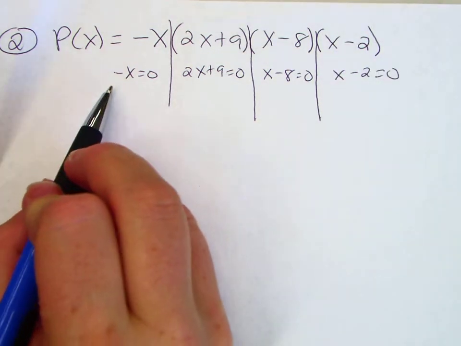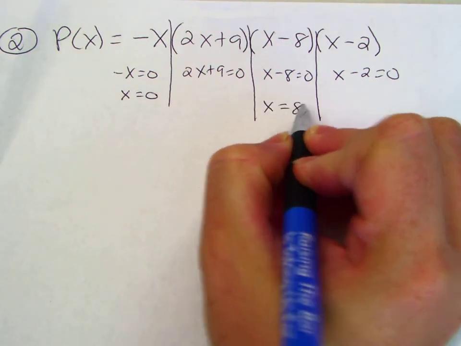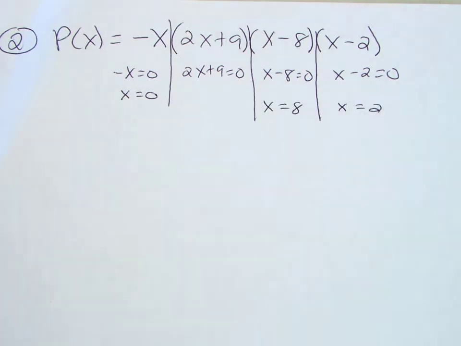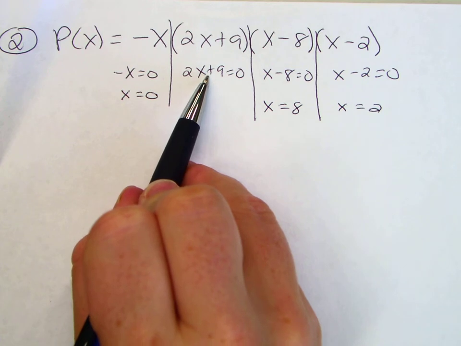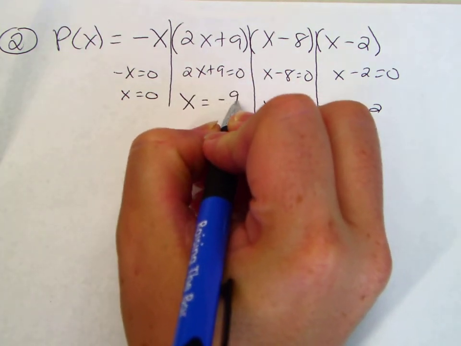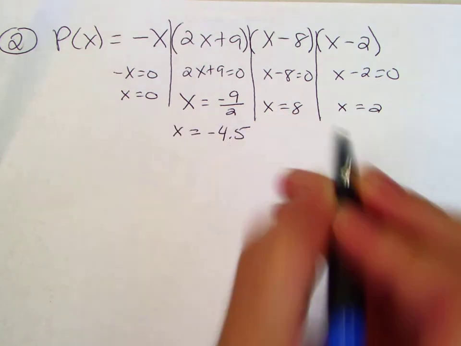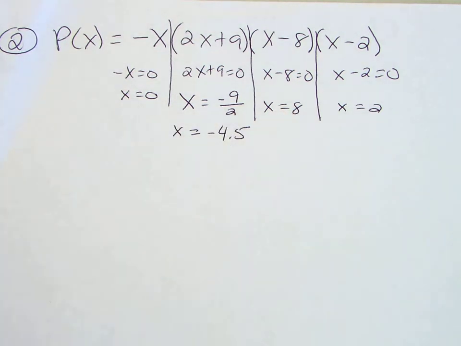Now, if you have negative x equals 0, that's just x equals 0. This is 8, and this is 2. Switch the signs. This one, you're going to subtract and divide. So here you get negative 9/2, which is negative 4.5. These are my roots.